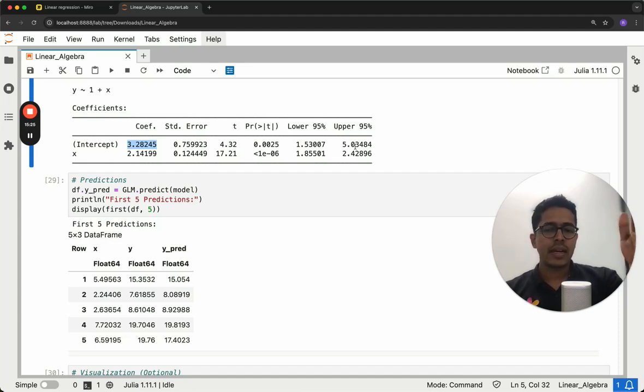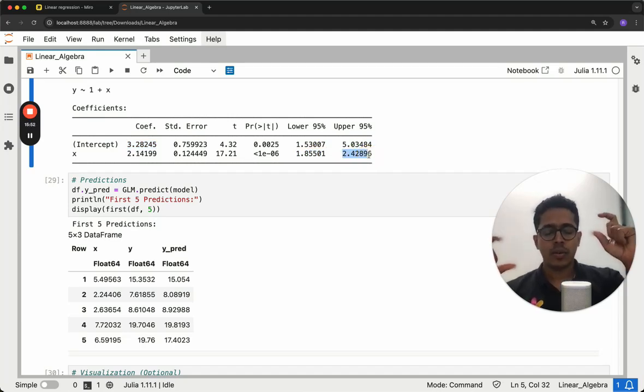So if this current set of 10 data points, which has a certain distribution, is replaced with another set from a similar kind of distribution, how confident is the model about the slope and intercept for the 95% confidence interval? For the slope, the confidence interval is between 1.85 and 2.42.